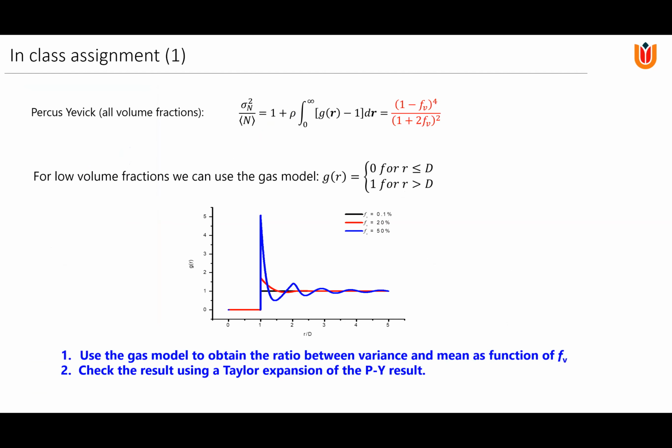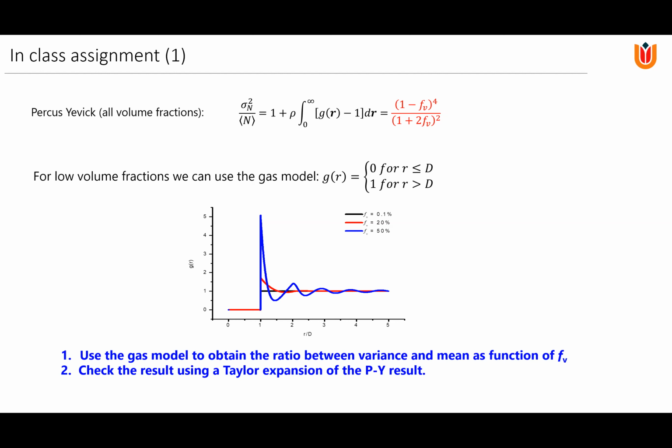Okay, so now my question for you. This was the result. I used that Percus-Yevick function. This result is for the blue and the red function. And the question is now, what if we use the gas model for the pair correlation function?